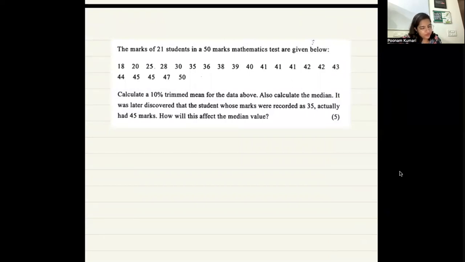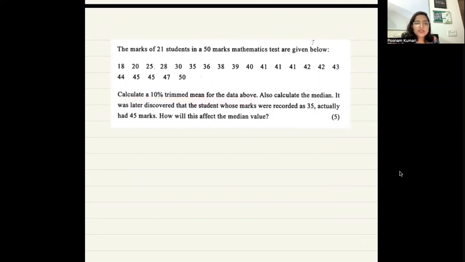The question is: the marks of 21 students in a 50-mark mathematics test are given. So 21 students gave this paper and their marks are given. Then you have to calculate a 10% trimmed mean for the above data.